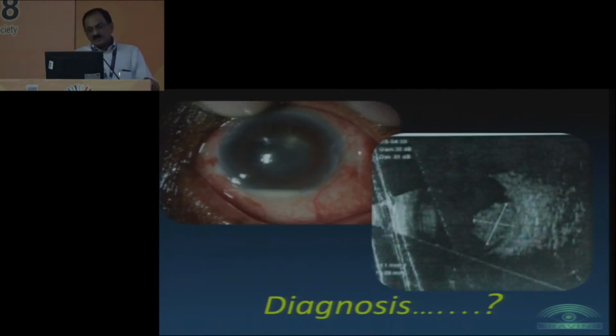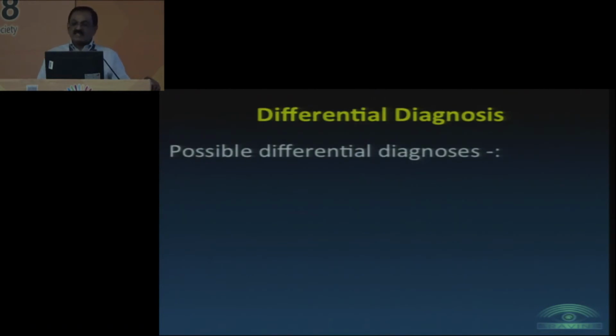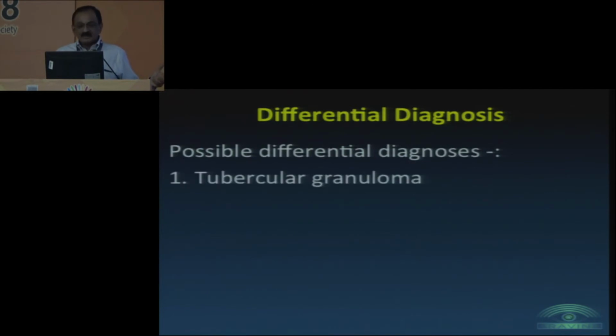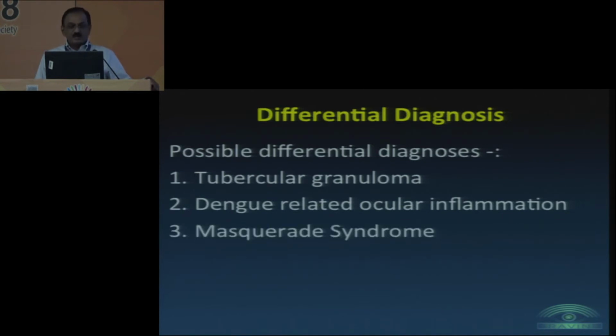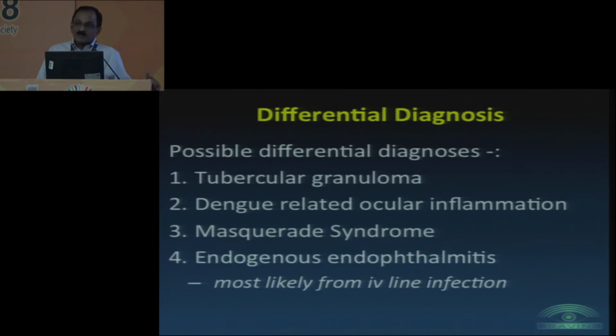So with a mass-like lesion like this, immediately you would think of probably a masquerade syndrome, tubercular granuloma. Our first thought would be a dengue-related ocular inflammation because the patient has just come out of dengue, masquerade syndrome, and endogenous endophthalmitis.